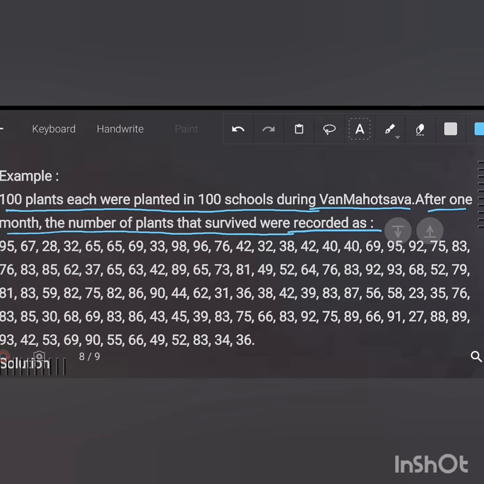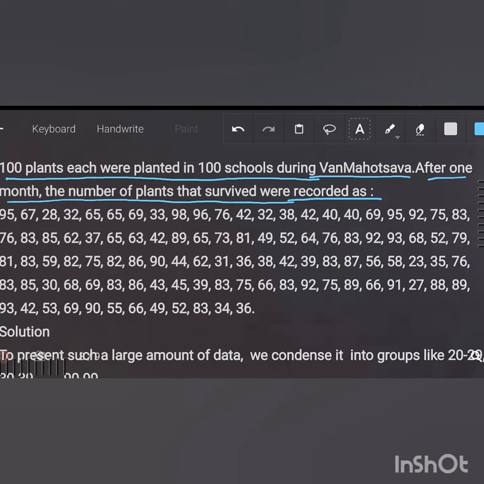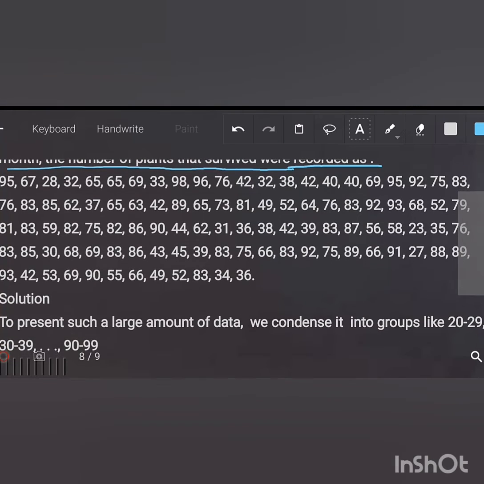There are 100 schools, and the number of trees survived in each school is given. Now if we want to draw an ungrouped frequency distribution table, we have to take many observations.